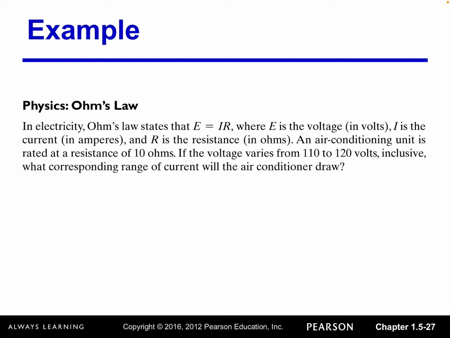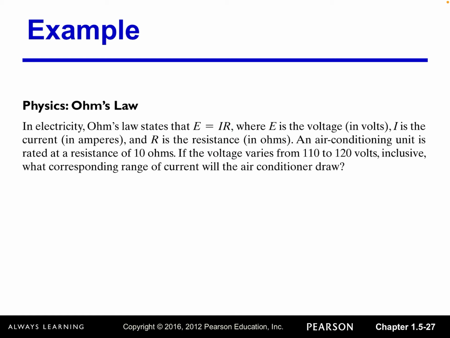All right, and the last one, let's look at a physics problem, which is a word problem, which is apply the combined inequality, utilize combined inequality. It's about Ohm's law. It says Ohm's law states that E equals I times R, where E is the voltage, and I is the current, R is the resistance.